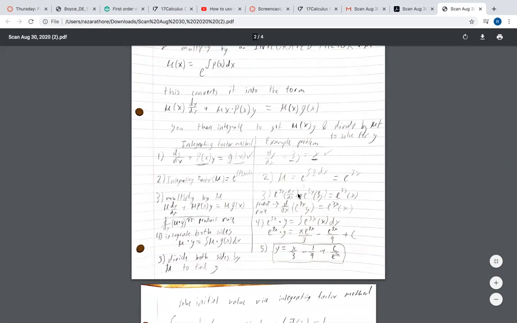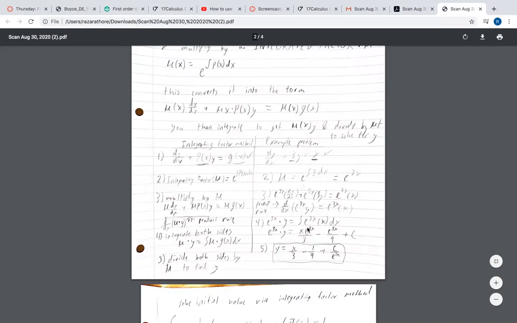So in this, we would get d/dx of e to the power of 3x times y, using the product rule, equals e to the power of 3x times x. Then we integrate both sides: u times y equals the integral of u times g(x) dx. So remember, g(x) is just x. So e to the power of 3x times y equals the integral of e to the power of 3x times x dx.